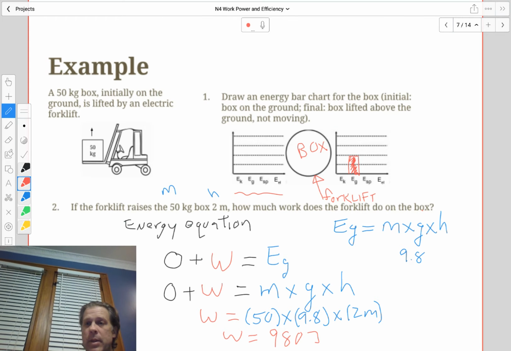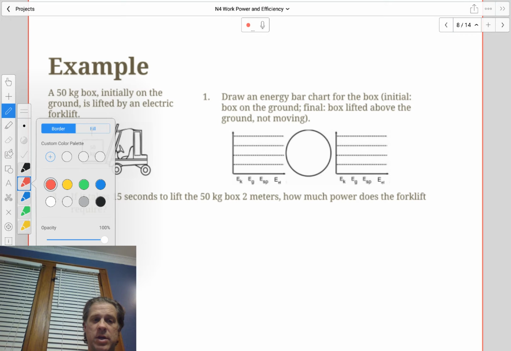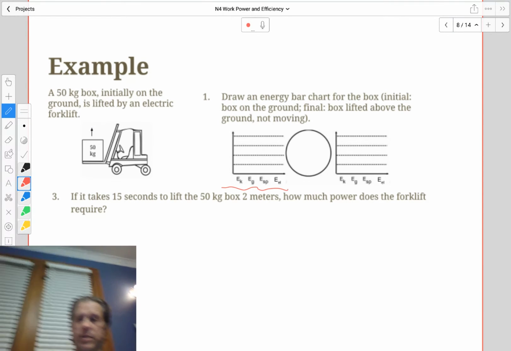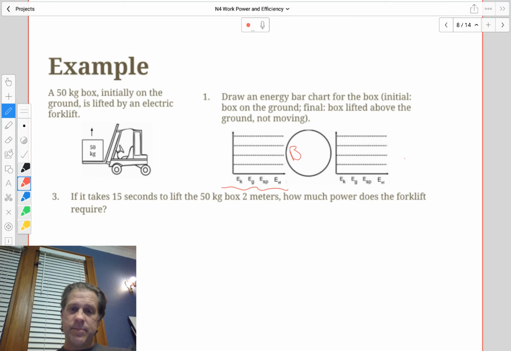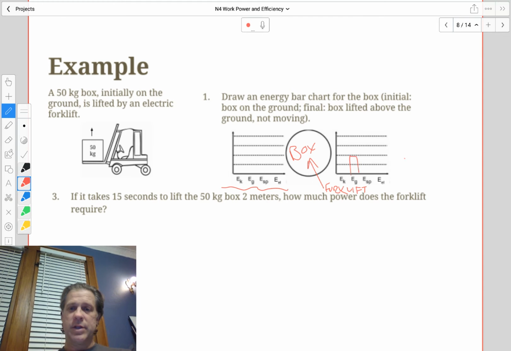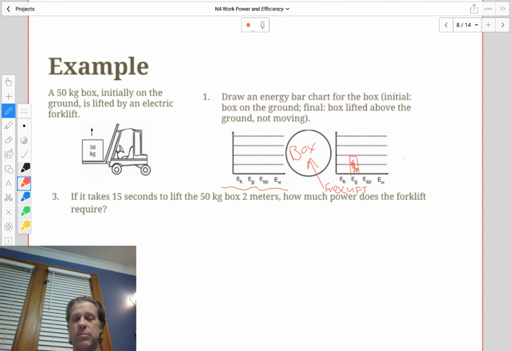Okay. Now, in the same problem, we have the same situation where initially there's nothing really going on energy-wise. The box is still the system. The forklift is still doing work on the box. And gravitational energy is still the energy that's present when the box moves.